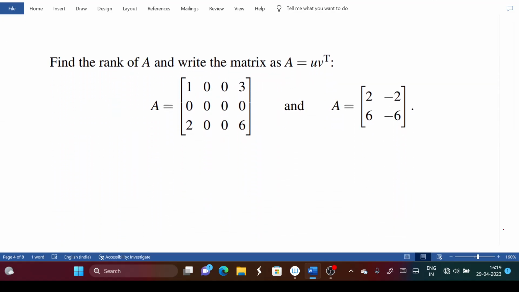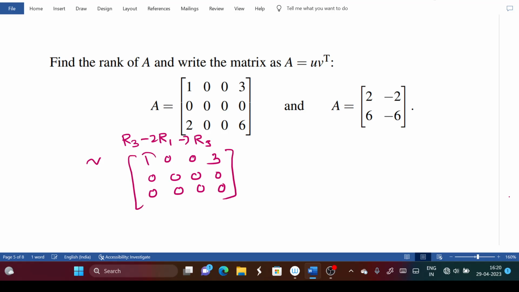Write the rank of A. Here it is not in echelon form, so this is equivalent to R3 minus 2R1 stored in R3. It gives me 1 0 0 3 0 0 0 0 0 0 0. So it is of rank 1. The first column and first row represent the matrix.